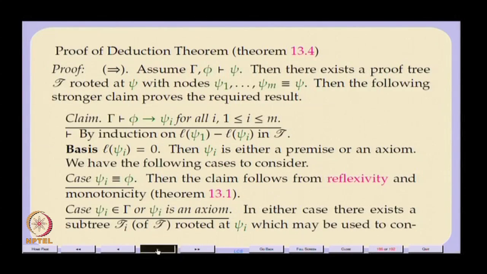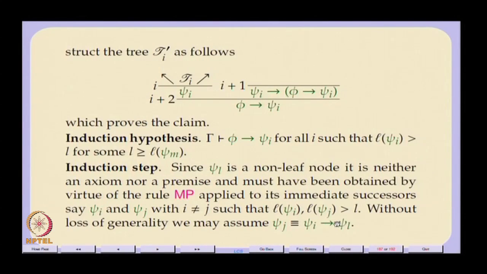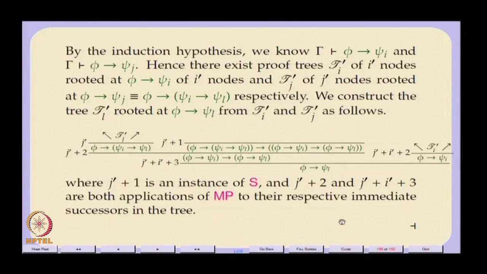Okay. So, this is what we are going to assume. So, we are going to assume that psi j is of the form psi i arrow psi L in that proof tree, and since i and j belong to target levels less than this level L.